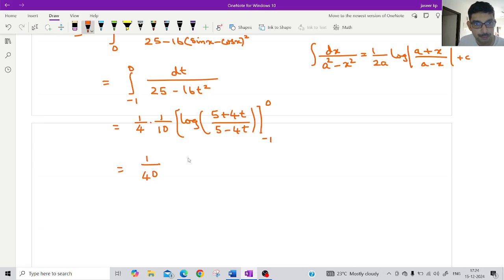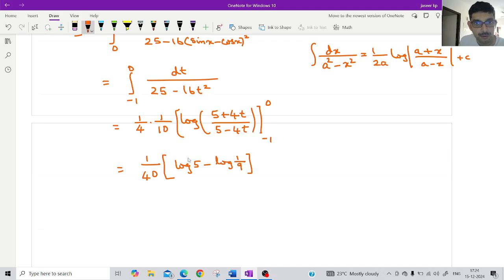If we apply the limits, upper limit, it will come as log 5 by 5, minus lower limit, if you apply, it will come as log 1 by 9.